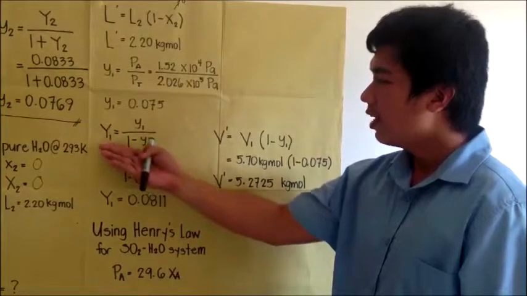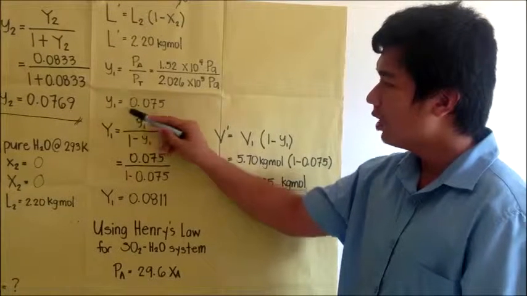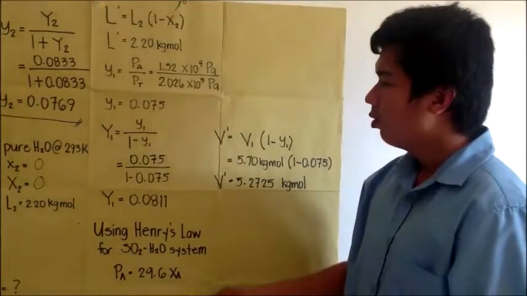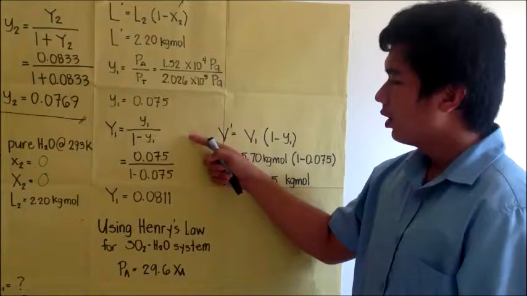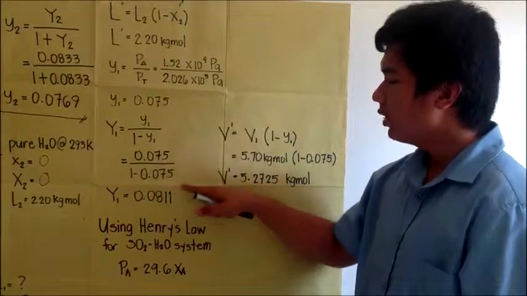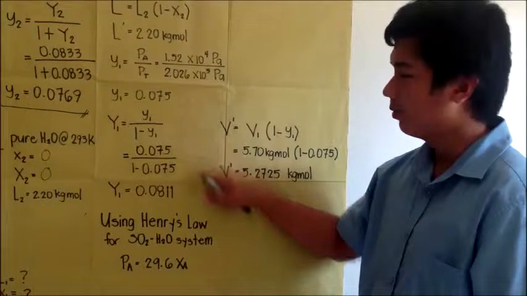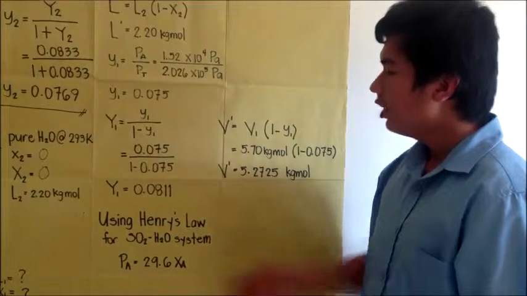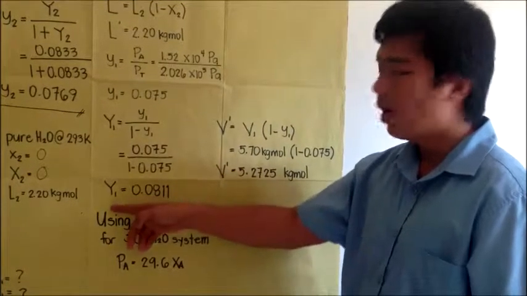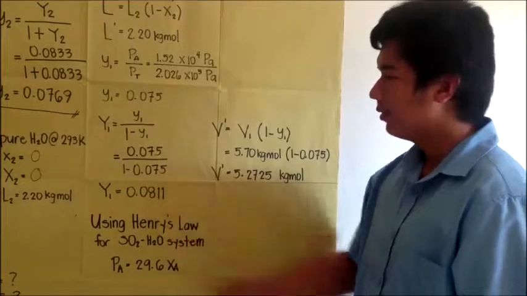We need the dry basis concentration for our OSB, so we convert this value to the dry basis. We will just divide 0.075 by 1 minus 0.075 because this is our formula for the conversion. Calculating this, we have the value of our dry basis concentration Y1, 0.0811.